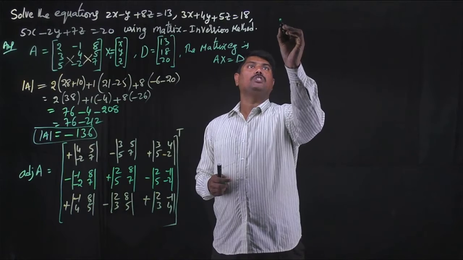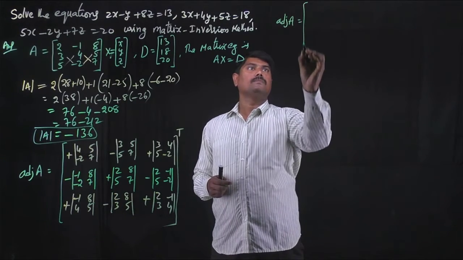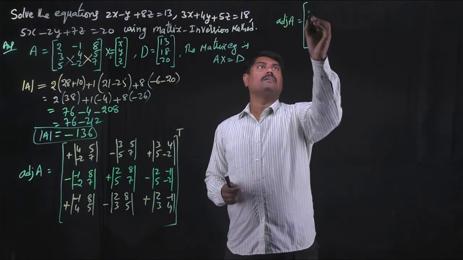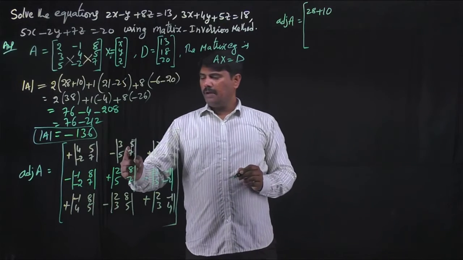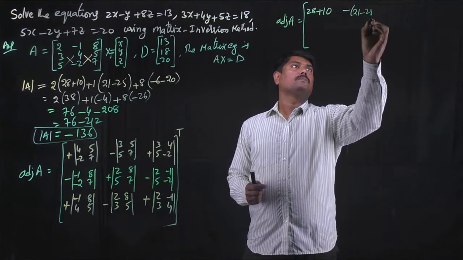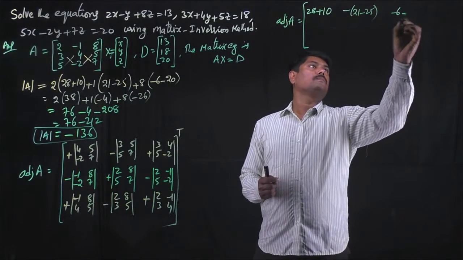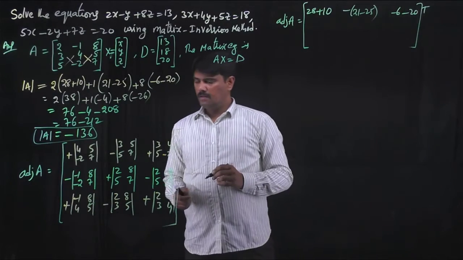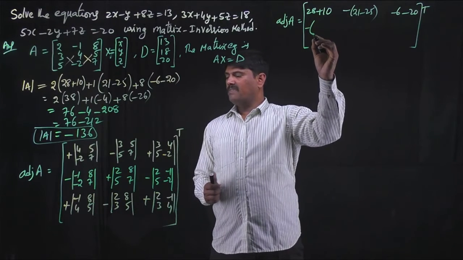So the adjoint A is: 28 plus 10, this one; minus of 21 minus 25; this is minus 6 minus 20. Now second row: minus of minus 7 plus 16.